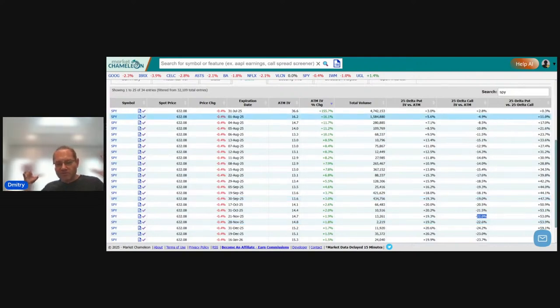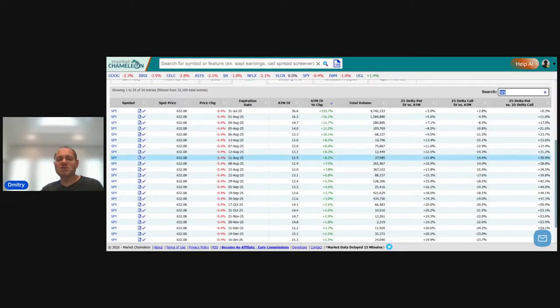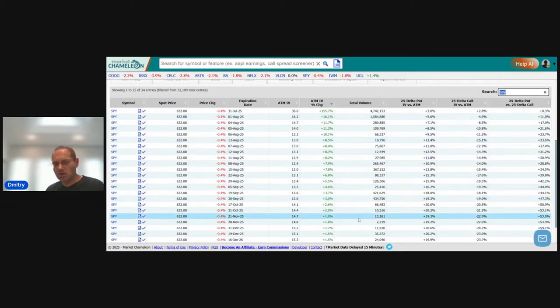Now we have this idea of what the skew in SPY looks like for a particular expiration, and we could compare expirations down the list, because I isolated it to SPY, I typed it in here. We could look at just SPY. Now, what if we wanted to compare it across different stocks for an expiration?